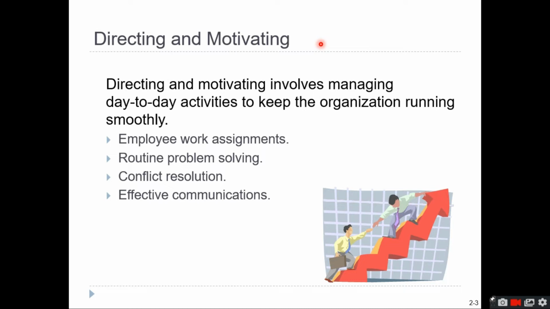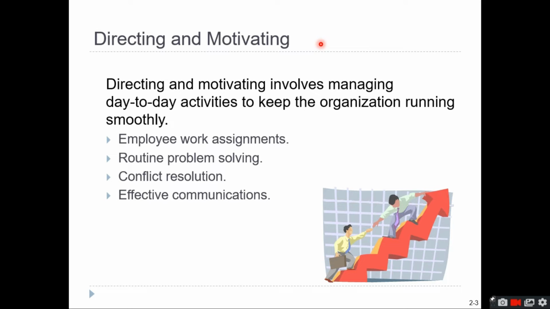Second is providing routine problem solving or guiding them in the routine problem solving in order for us to not repeat instructing them. So we give them instructions on how to solve a particular problem that they may encounter so that the next time they encounter it again, less supervision or no supervision would be needed already.